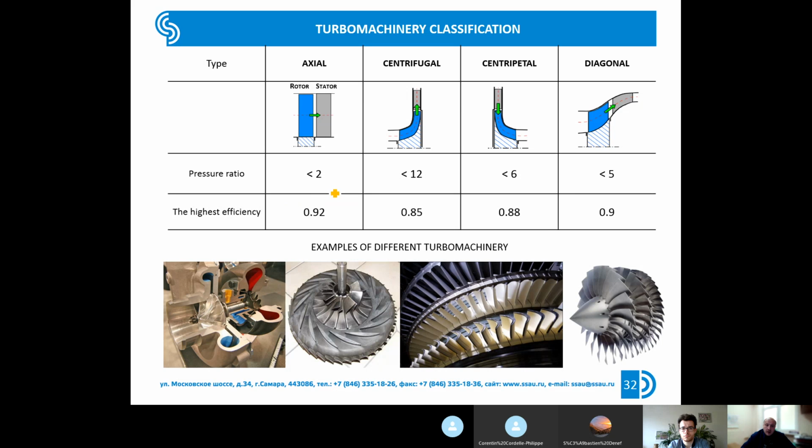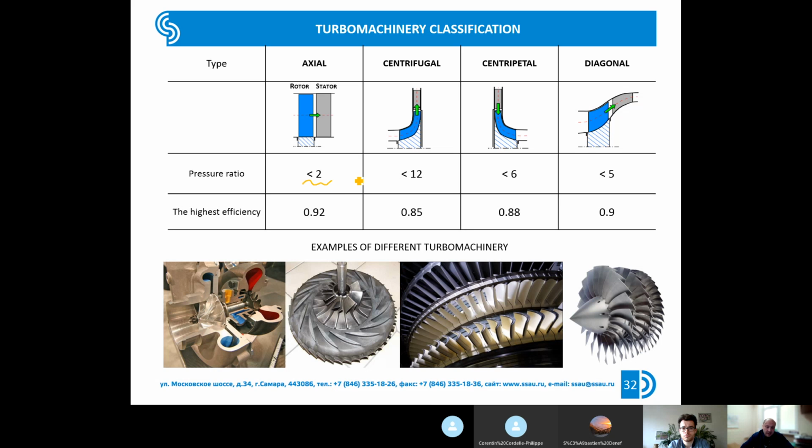So, if we compare axial and centrifugal compressors, let's discuss their main parameters. For an axial compressor stage, the typical pressure ratio is not more than 2 per stage. Maybe a little bit higher.